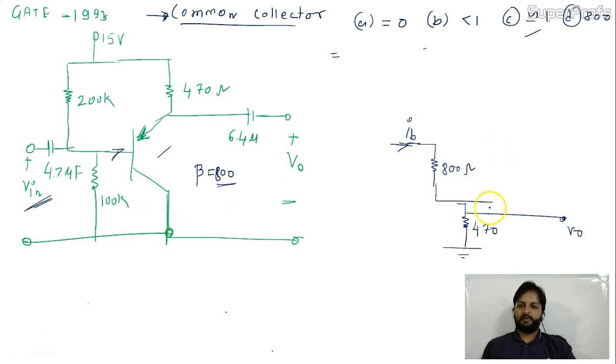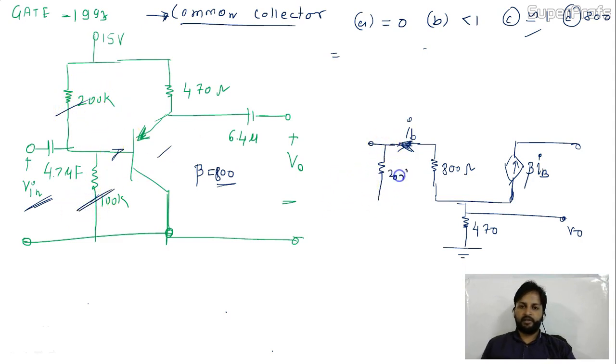This is the collector portion, directly grounded, but the current is incoming from the emitter. This IB will be outgoing. And what about IC? This will also be beta IB going outside from the circuit. This is the equivalent circuit of the transistor, but you have to draw the circuit parameters also.